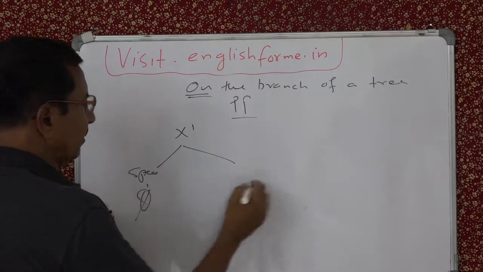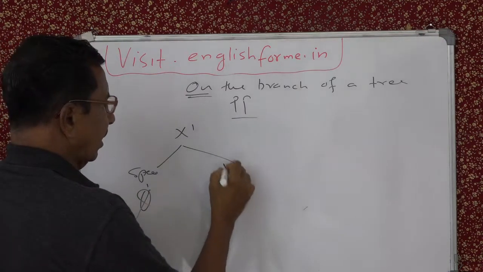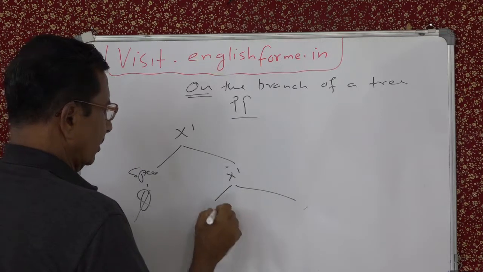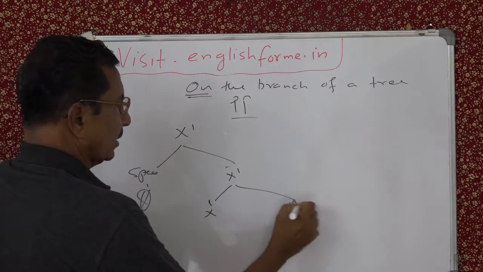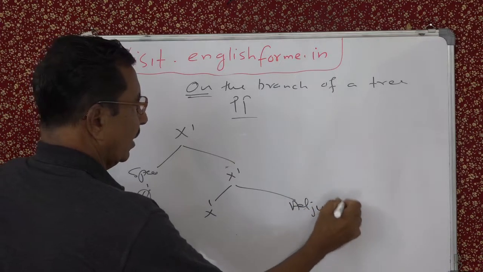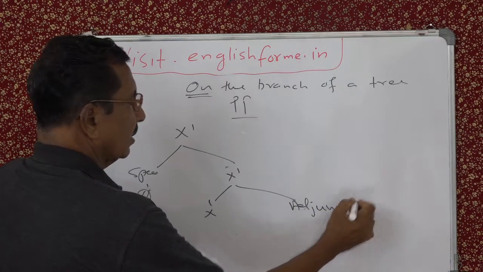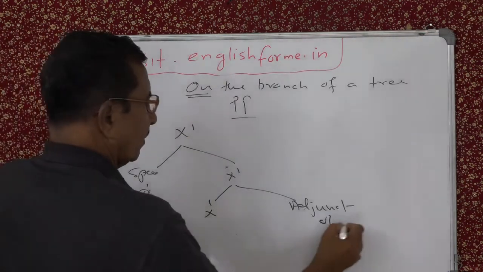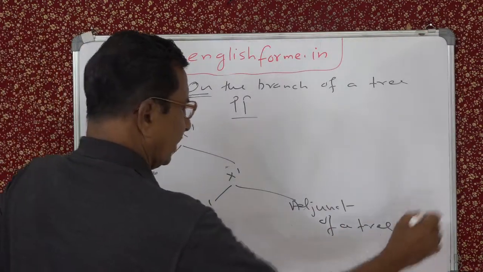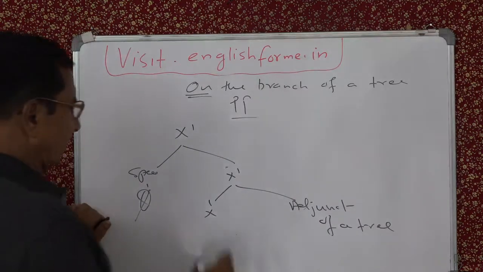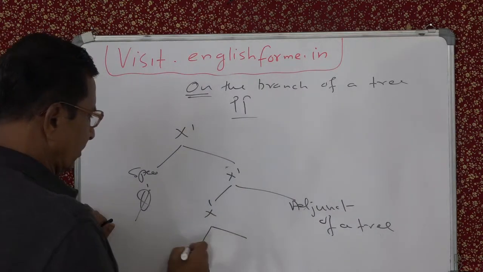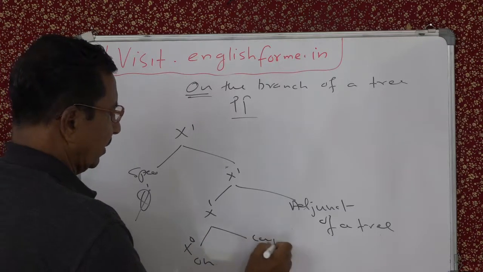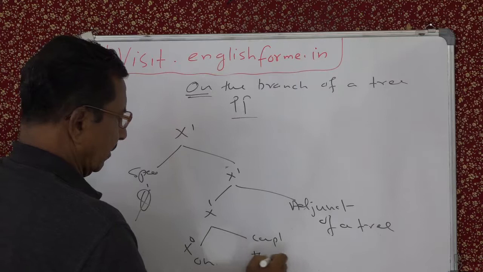Then you have got Xbar and projection. You have got Xbar adjunct. Adjunct is of a tree. That is an adverbial. Usually it's an adverbial. Place etc. Further expansion will be X0 on complement the tree.